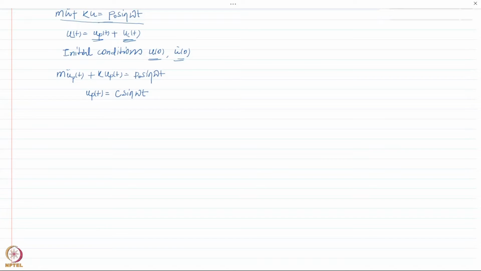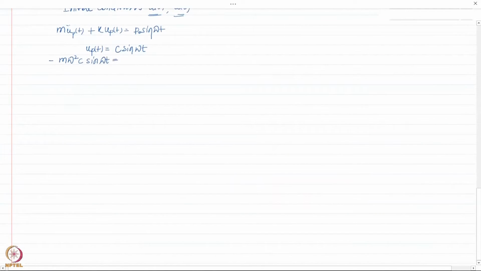The only thing that needs to be found out here is the value of c. So if I substitute this here, I can write it as minus m omega square c sine omega t, and there is another term here, k times c sine omega t, and that should be equal to p naught sine omega t.